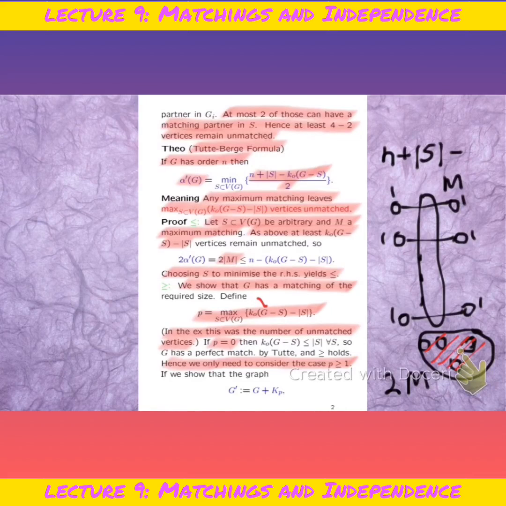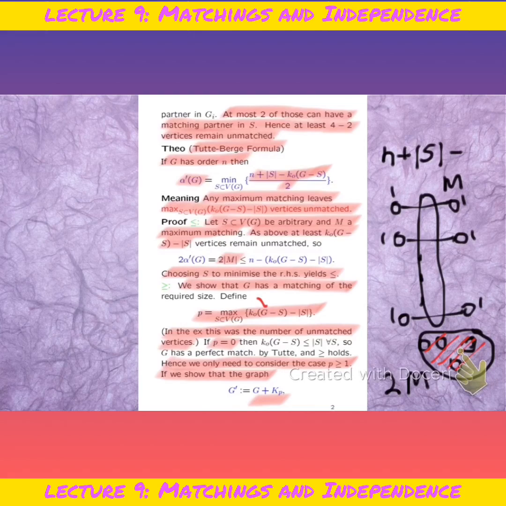Right, so to carry on, we're going to do a little bit of a construction here. We're going to take G and add a complete graph to it. Look at the definition of the join of two graphs: you take both graphs and join each vertex in the one graph to every vertex in the other graph. So we're going to take G and add a complete graph on P vertices to it, forming G prime.